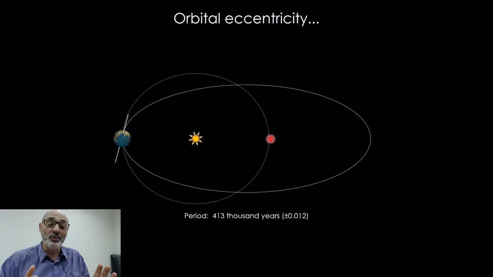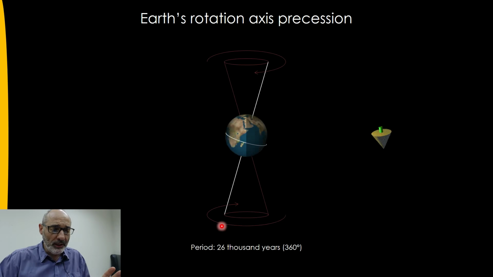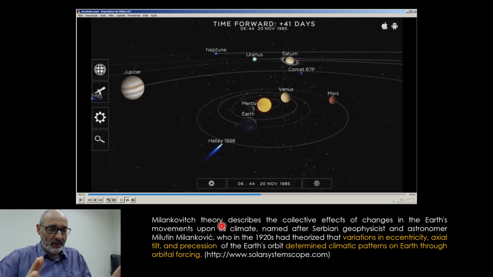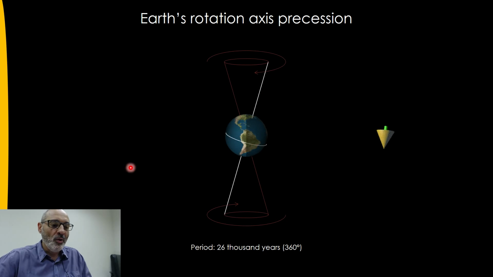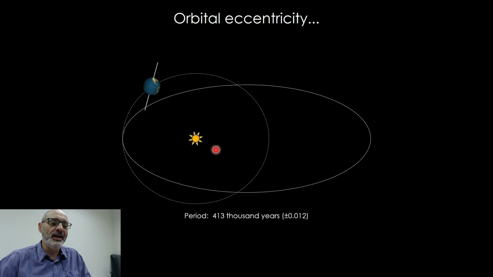So our solar constant is not actually that constant. It's going to vary in periods of 400,000 years, but it's sufficient to provoke climate changes.